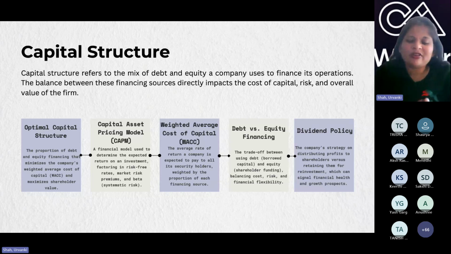So it's very important to have this lens. All this I'm giving you at a high level. You can go and Google, and there are very good materials available for you to deep dive and understand it further. Weighted average cost of capital: the return of a company which they pay back to the shareholders, weighted by the proportion of each financing source.